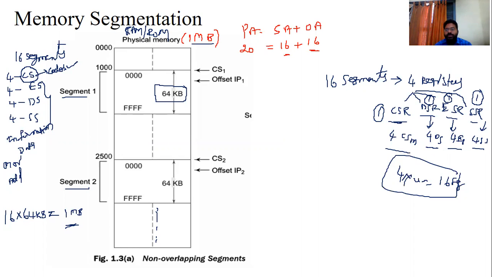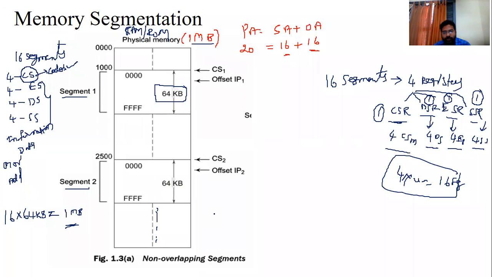Okay. Out of these 16 segments, now see this. For suppose a microprocessor is able to identify some code segments. Yes, these four segment registers identify the 16 segmented memory.